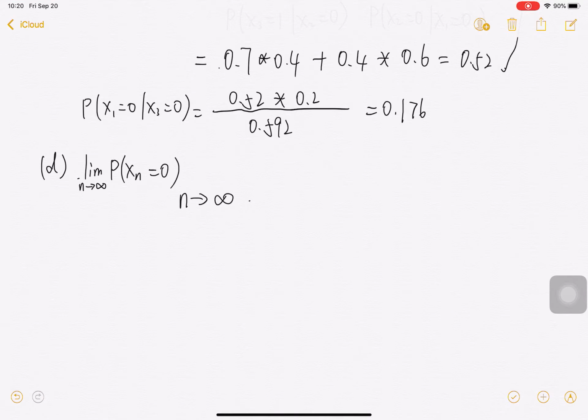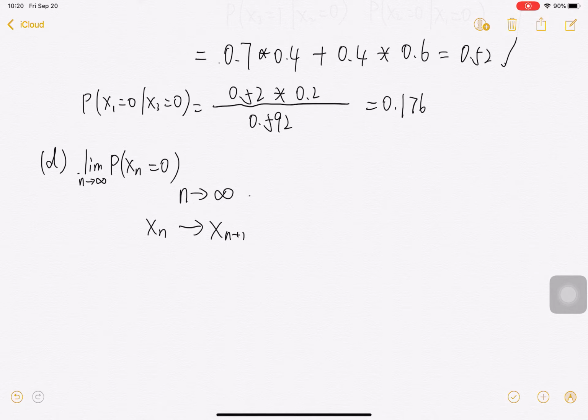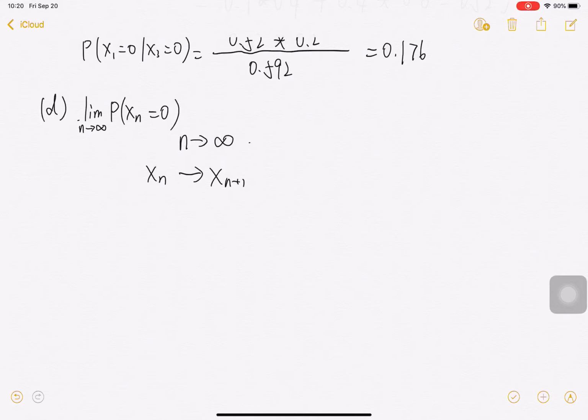But at that time, we know that when n is close to infinity, xn is close to x(n+1), right? So in the probability part, the probability of xn equals 0 is also close to the probability of x(n+1) equals 0.